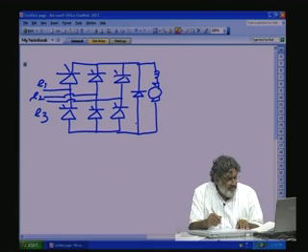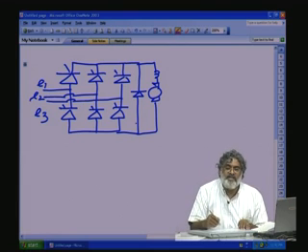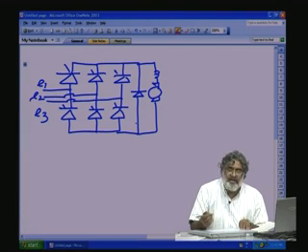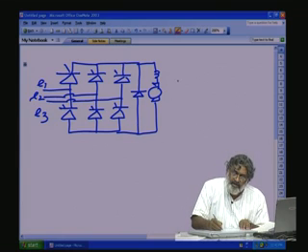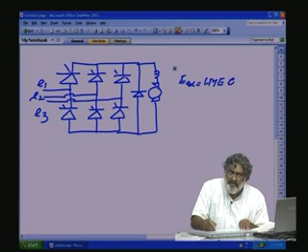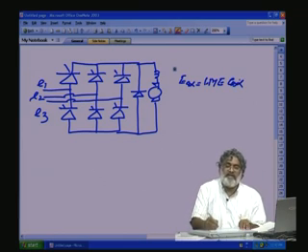So, before coming to that, let us find for a 3 phase fully controlled converter what is the output voltage, output DC with respect to firing angle. For the 3 phase half bridge converter, we found it is E0 alpha is equal to 1.17 ERMS into cos alpha. This is for the 3 phase half bridge.